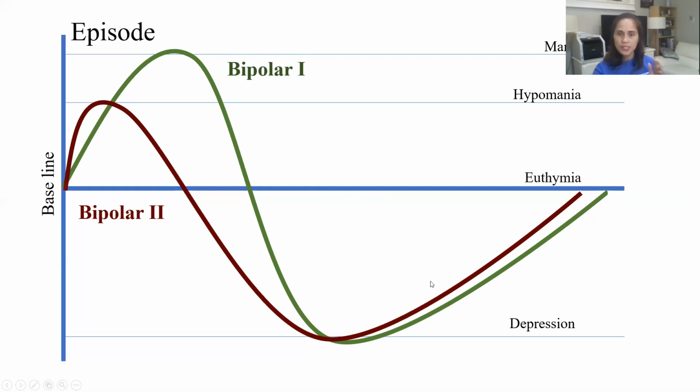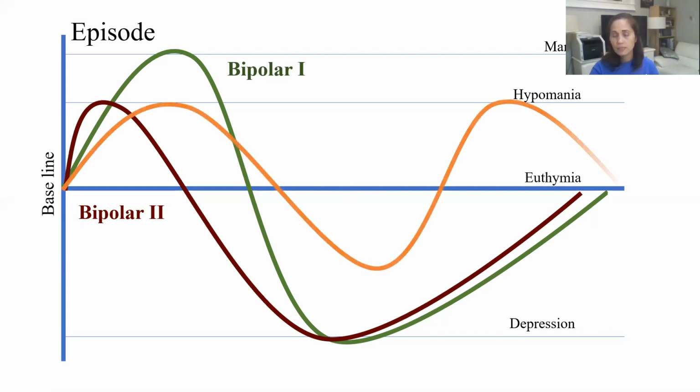Now, the third type of bipolar disorder is cyclothymia. Cycle means alternating. From the baseline, the normal side of emotion, euthymia, it goes up to hypomania, not even going very high. After that feeling, which doesn't last long, it goes down to depression, but not really to the bottom.